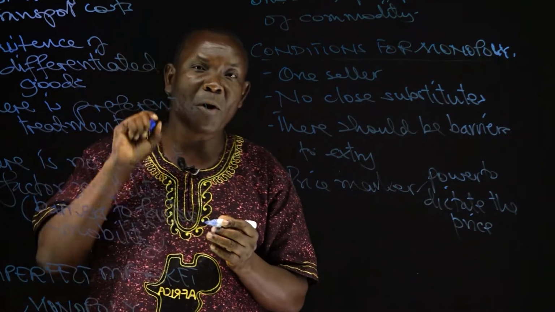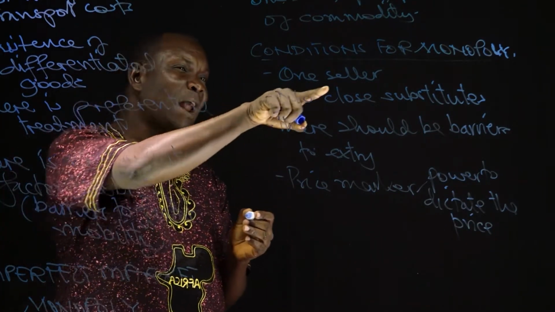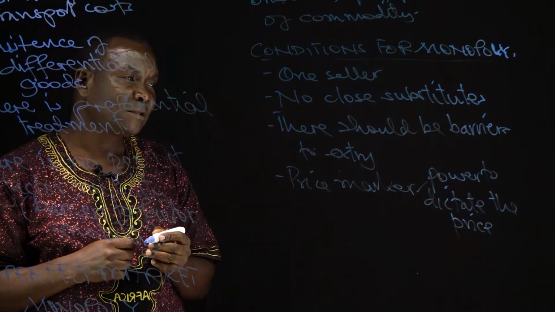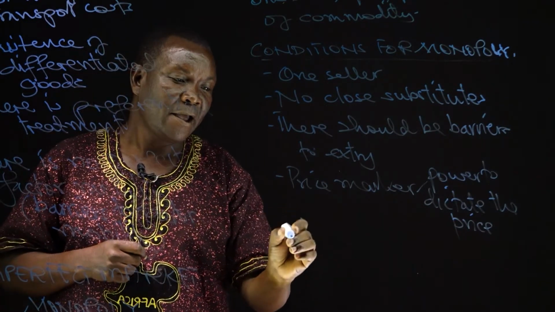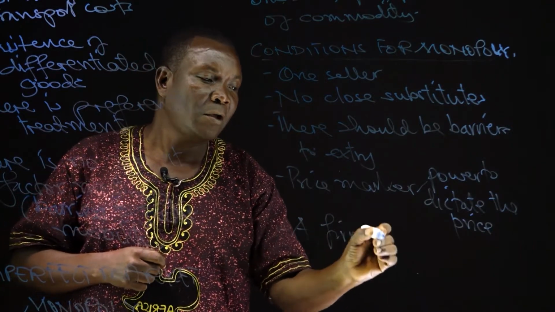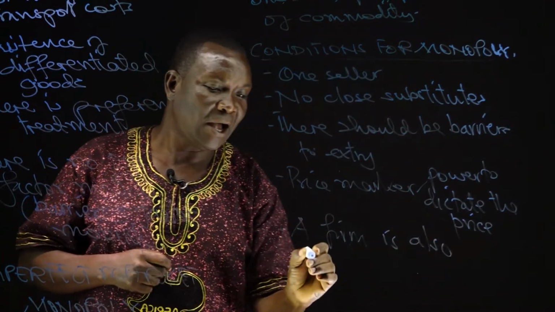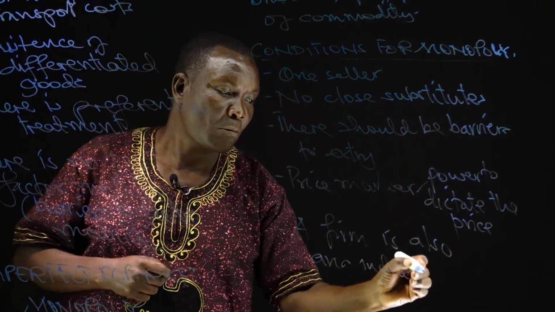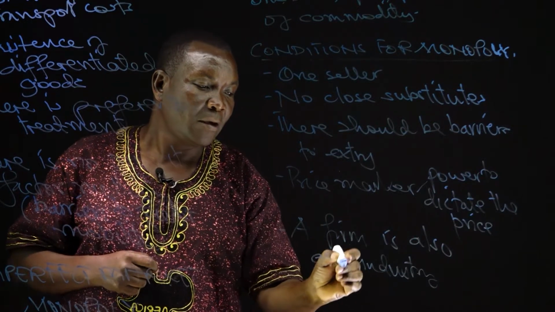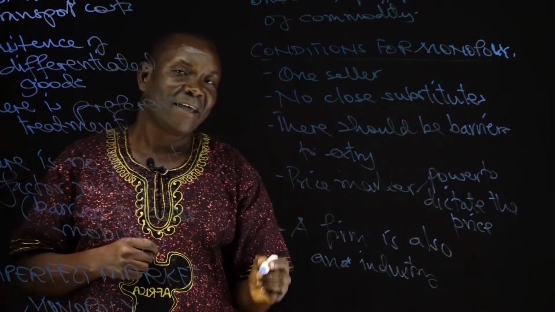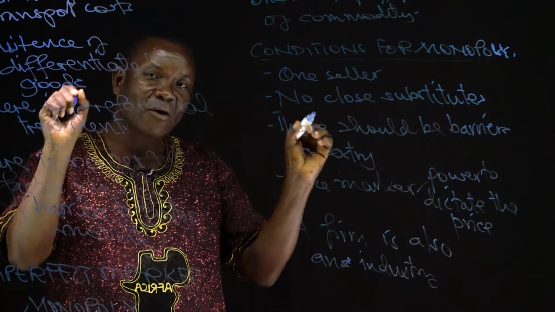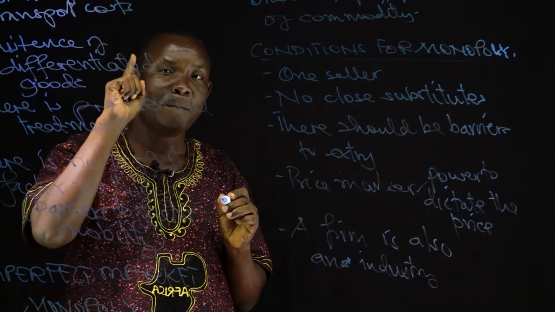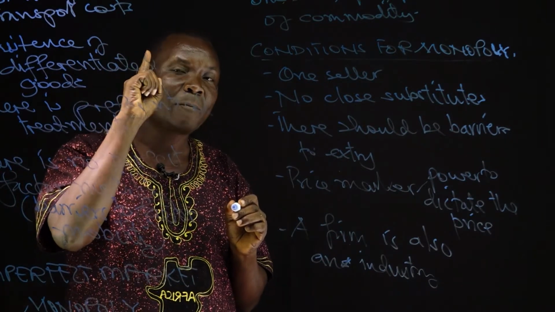You will find that in monopoly, where you have one firm, one producer, a firm is also an industry. Implying that the entire commodity, the whole commodity, is produced by one producer.